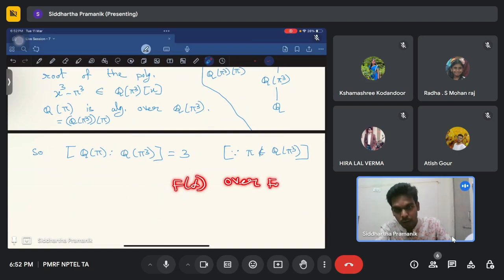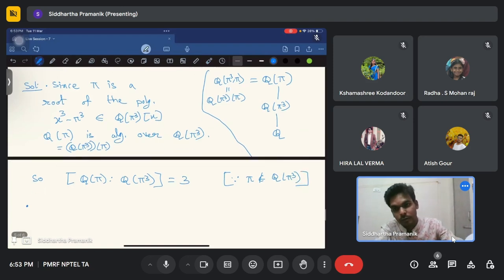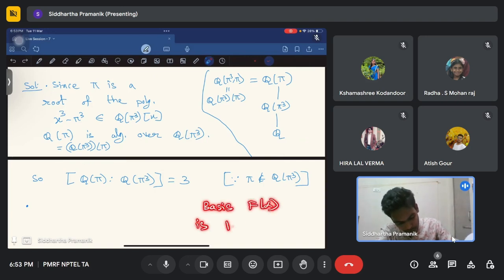Can you use that to find a basis in this case? Let me recall it once more. The basis of F(alpha) is 1, alpha, up to alpha^(n-1), where n is the degree of the extension over F. So what will be the basis in this case?